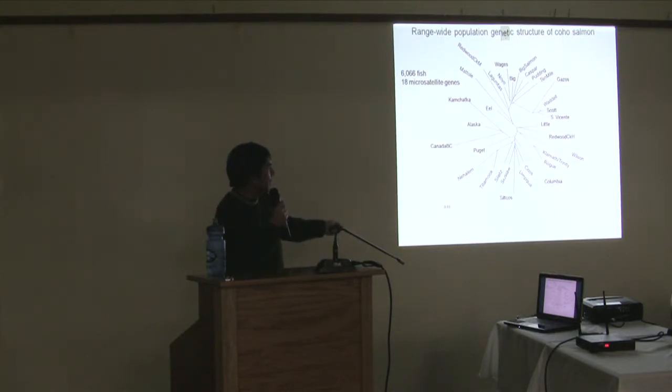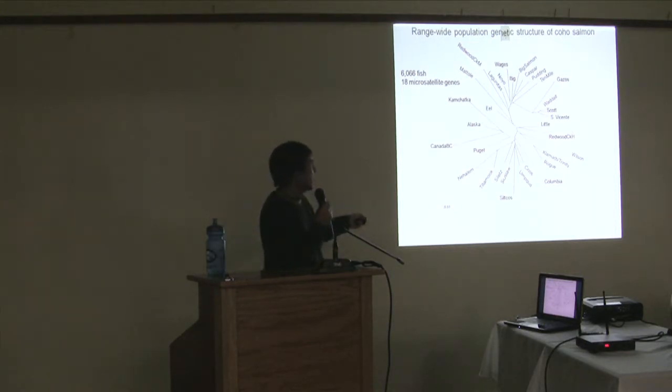And the thing that I want to point out is that, and I should actually have an ESU map here, because what one would see if one knew how to look at these trees, which is really very difficult even for a lot of geneticists, is that the structure here corresponds very well with the ESU boundaries that we use for management.